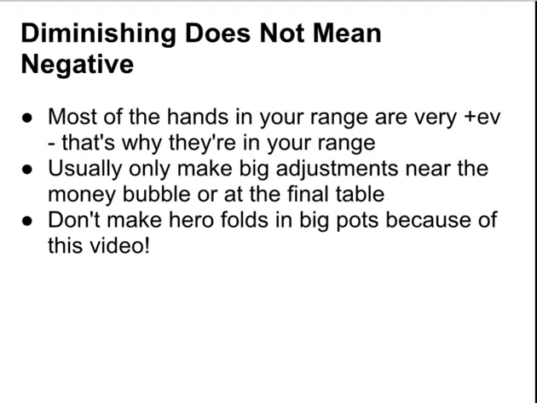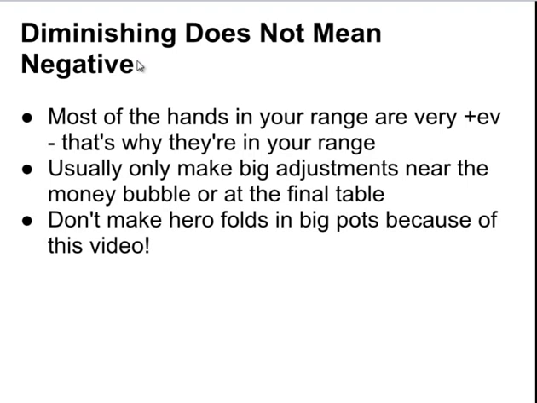You want to avoid marginal situations, but you absolutely don't want to start making big laydowns or big adjustments that end up costing you expected value. Because of course, if you're spewing a lot of EV and making a lot of bad folds, or not playing the most profitable hands that got you to where you are in poker, then of course you're not going to be outlasting players either, because they're going to be making more plus EV plays than you, and accumulating more chips.